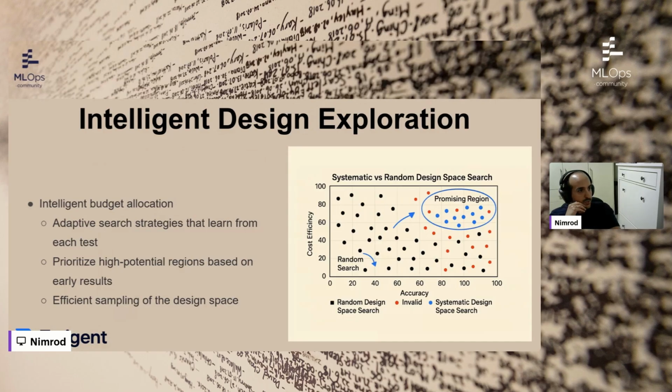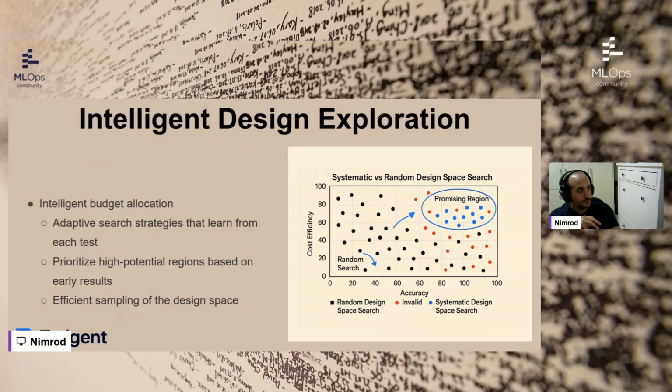Traigent's approach is the following. We are not exploring the entire space of combinations. We're actually using different machine learning techniques in order to identify the most promising strategies as fast as we can, trying to waste as few examples, samples, and LLM invocations in the process.